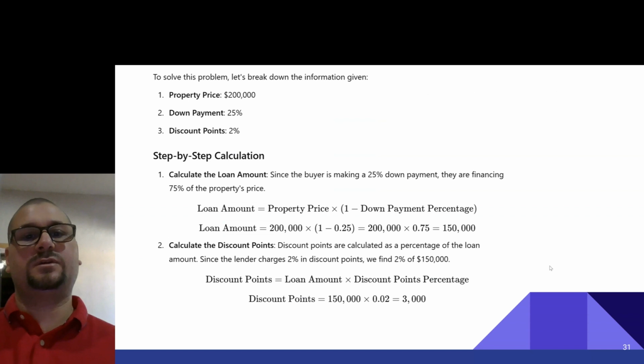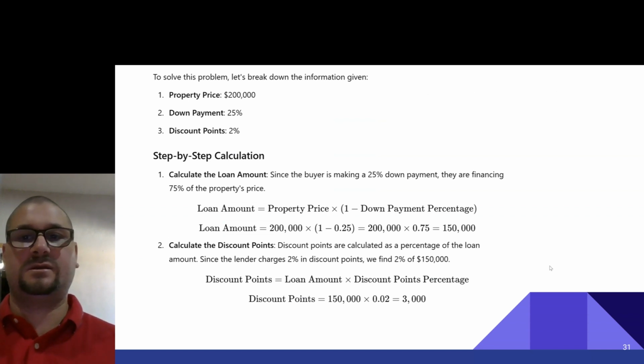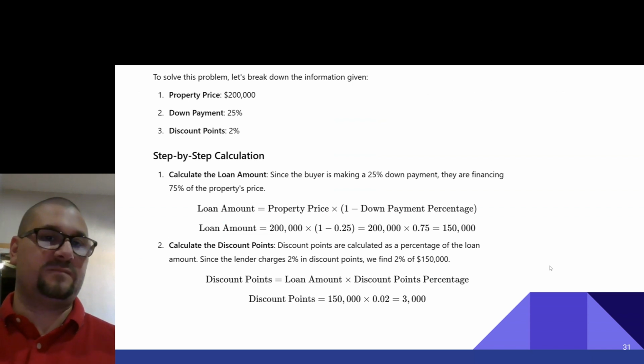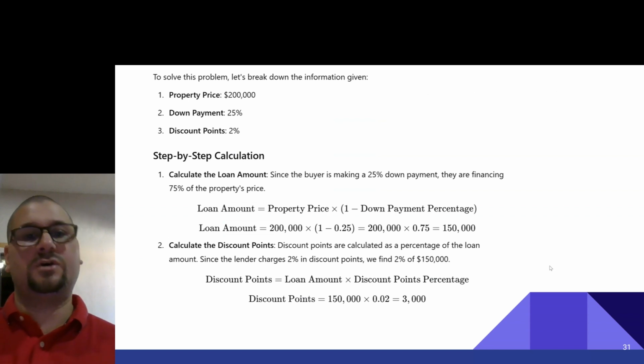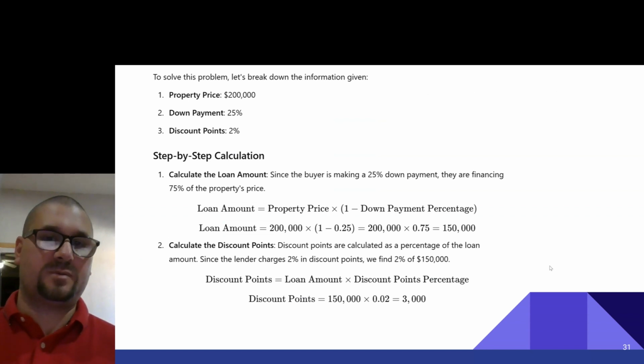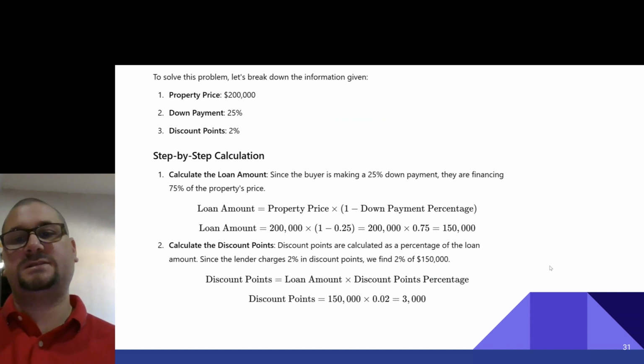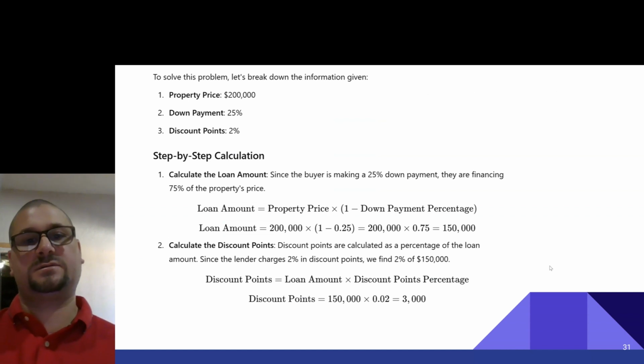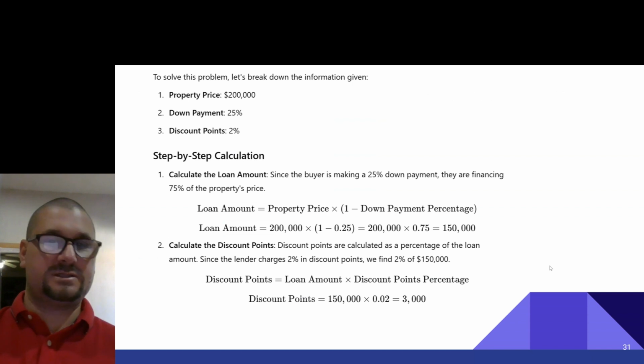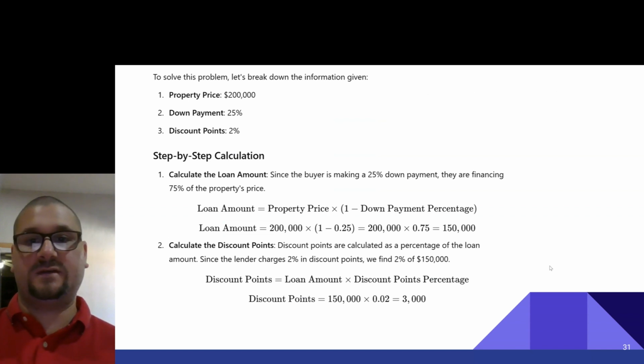So calculate the loan amount. Since the buyer's making a 25% down payment, they're financing 75% of the property's price. So the loan amount is going to be the property price times 1 minus the down payment percentage. So $200,000 times 1 minus 0.25 gets you 0.75.